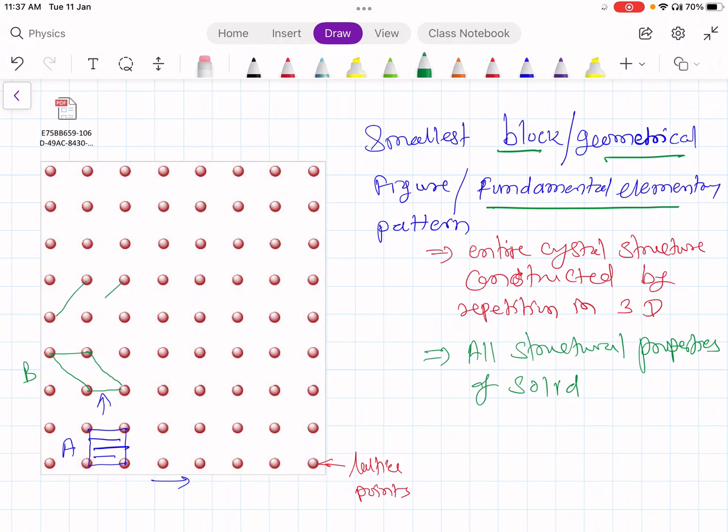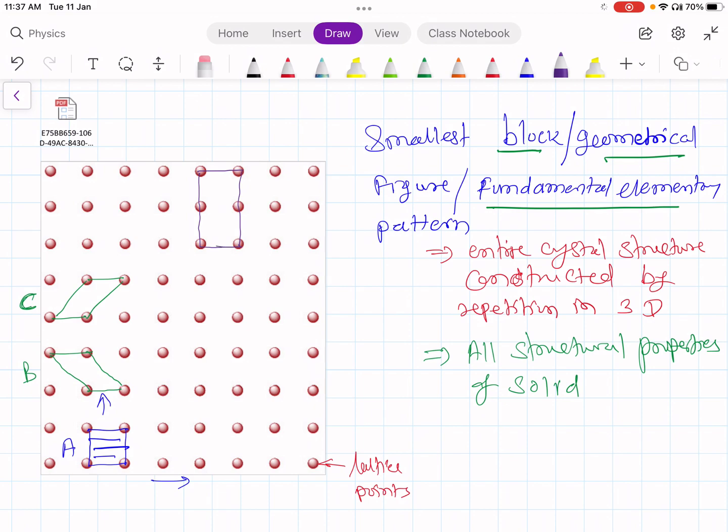Or I can select a unit cell like this. This is my unit cell C. As you can see, repetition of this in two dimensions gives us the entire two-dimensional space lattice. Then another way of selecting the unit cell: I will select this one.